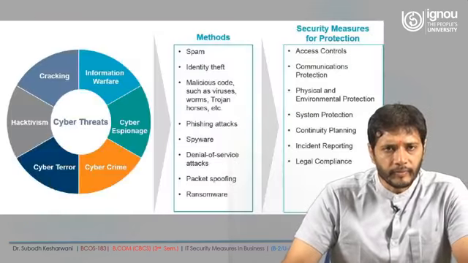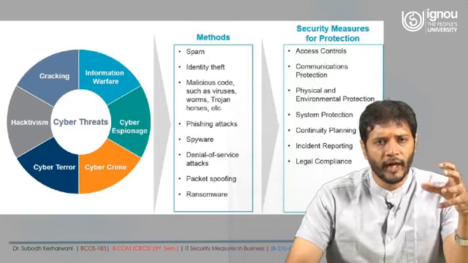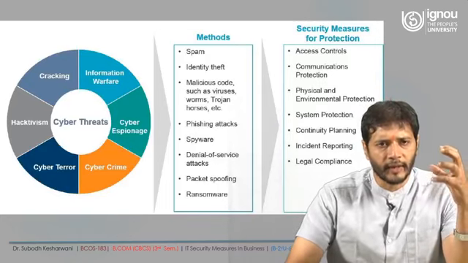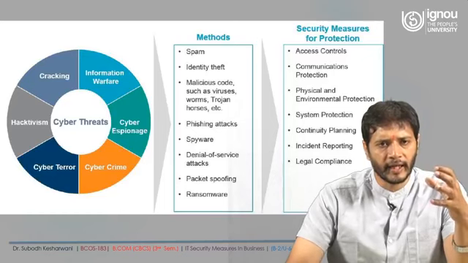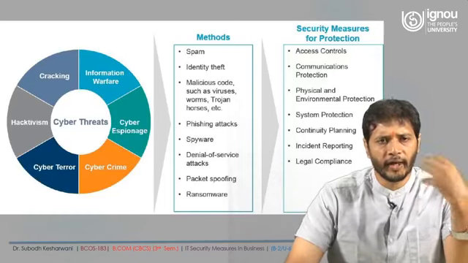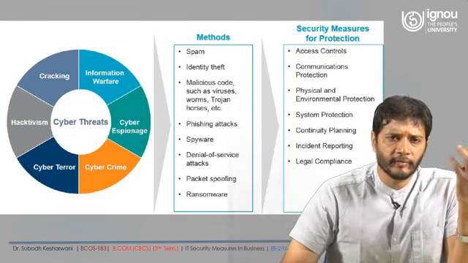When we narrow down to cyber threats, cyber threat starts with cyber espionage, where there are certain cyber spies doing a lot of things, and there are different ways coming up. Even people have not thought about what is going on.